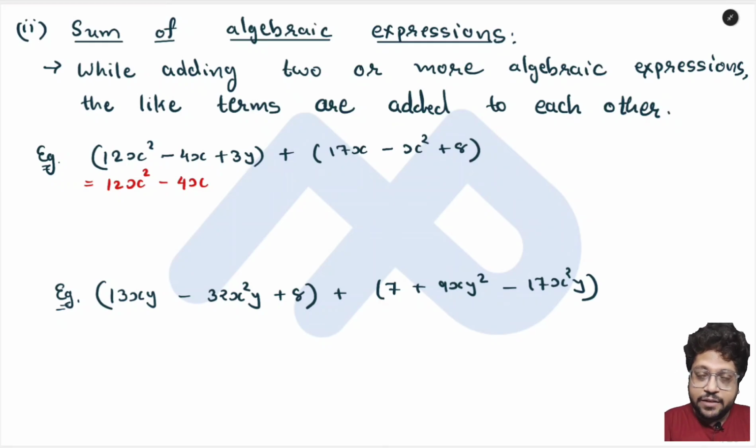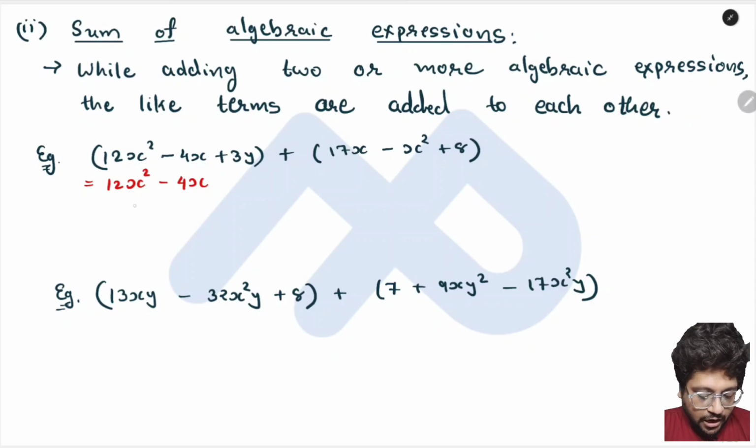But if there is a negative sign before the bracket, which we'll do in the next slide, which is about the subtraction of the algebraic expression, then you change signs of each term. We'll discuss it later. Right now, because there's a plus sign before the bracket, you don't change the sign.